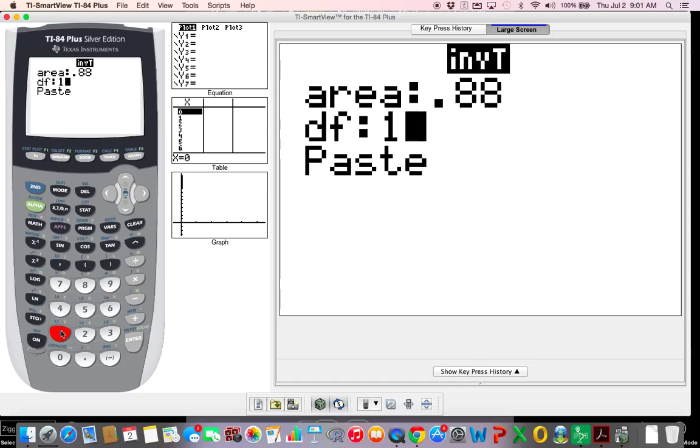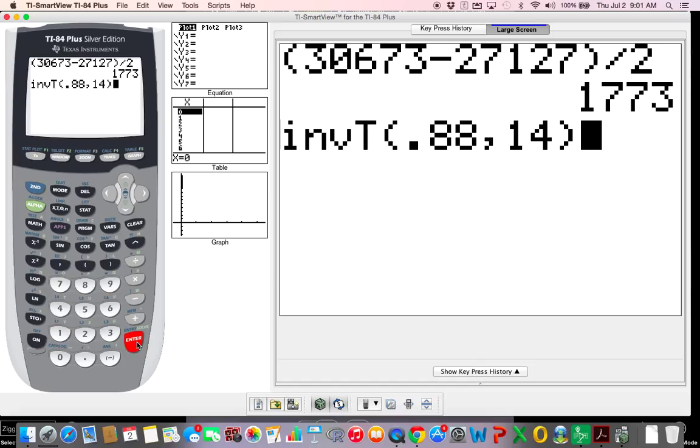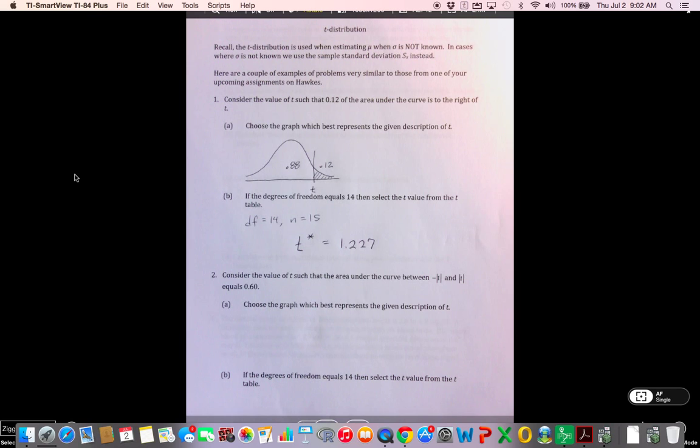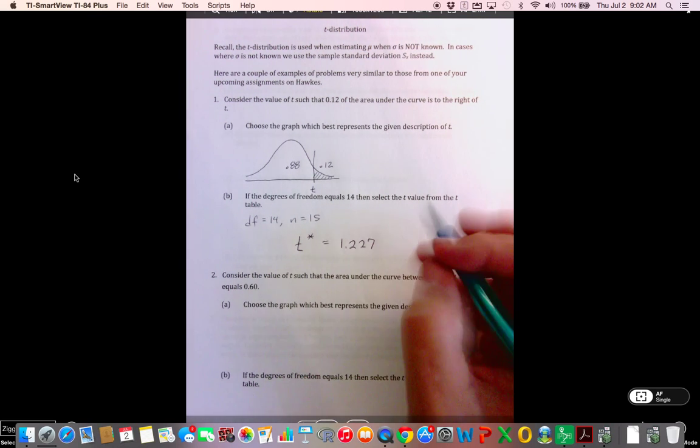Our degrees of freedom is 14. And our value is 1.227. All right, so I wrote that down. So this is the t critical.